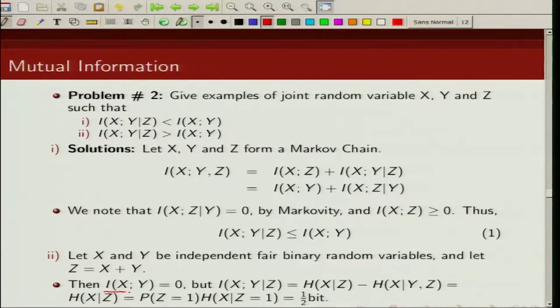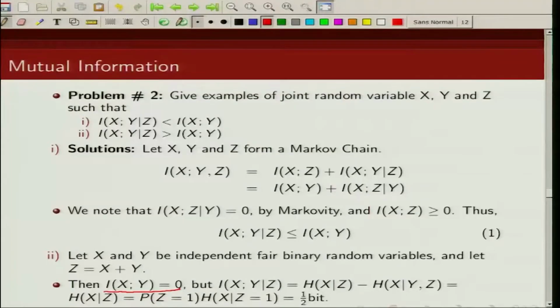Now, what is the mutual information between x and y? Because x and y are independent binary random variables, they do not convey any information about each other. So, the mutual information between x and y is 0.